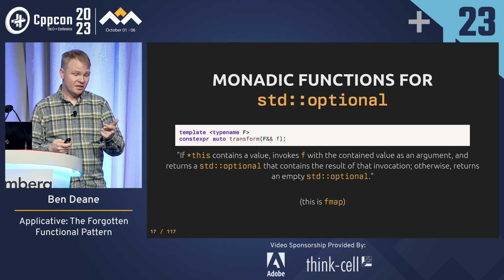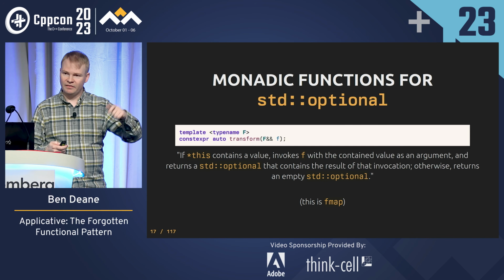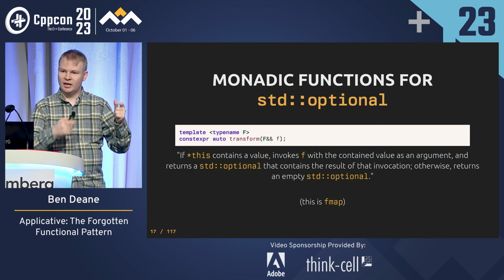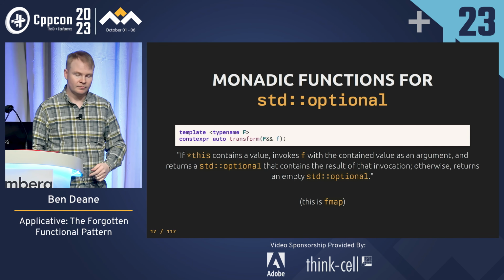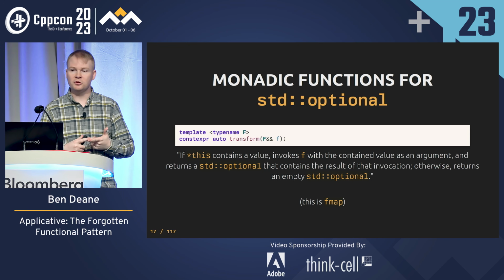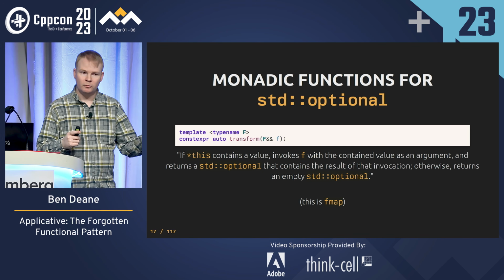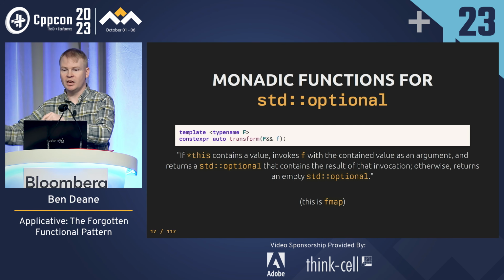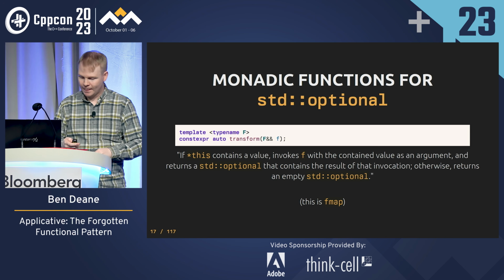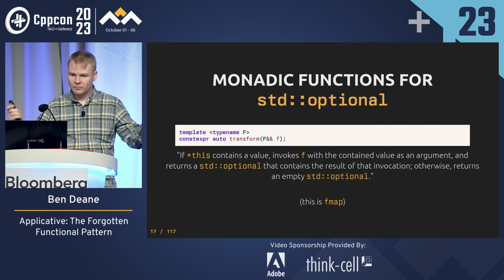So if this contains a value, if the optional is engaged, we'll invoke the f with the contained value as an argument, and then we'll get the optional that is the result type of f. And if the optional is not engaged, it stays empty. The function does nothing, we get an empty optional. But we get an empty optional of the same return type that f returns, right? So this is transform, this is fmap in functional speak.